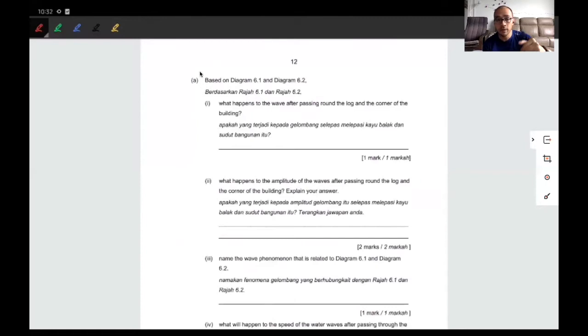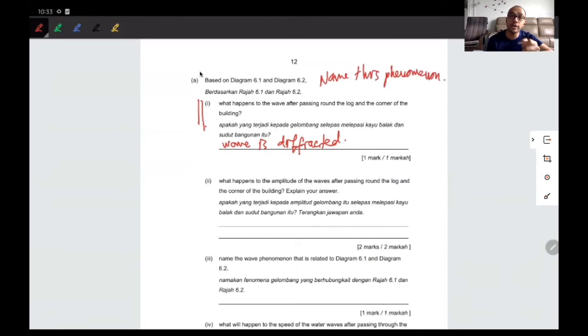Based on diagram 6.1 and 6.2, what happens to the wave after passing around the log and the corner of the building? The wave is diffracted. It's as simple as that. Notice that they are asking the same question in a different way. Usually the first question is, name this phenomenon, and students will just say diffraction of waves. But they're asking the same thing, just changing the form of the question. What happens to the wave? The wave is diffracted.